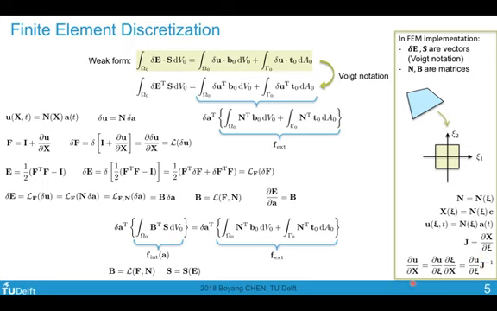So this is a workaround through mapping to the natural coordinate system, and then mapping back again by the inverse of the Jacobian. Alright, so this is a side note, nothing to do with the main storyline.